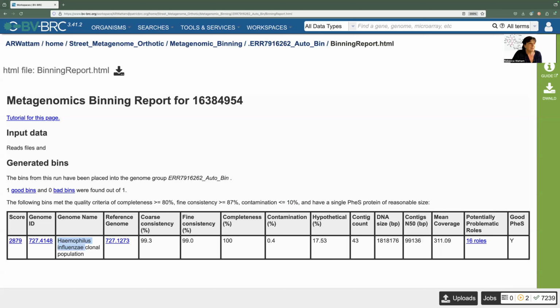Contig count is pretty explanatory. That's how many contigs were assembled in the genome. The size of the predicted genome from this bin. Contigs N50. This is something they talk about in assembly all the time. And this is the size of the largest contig such that half the base pairs are in this contig size or larger.